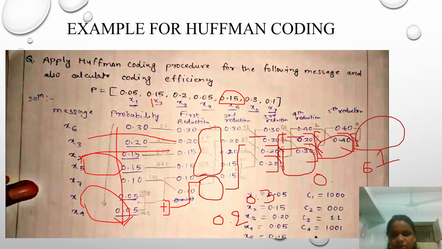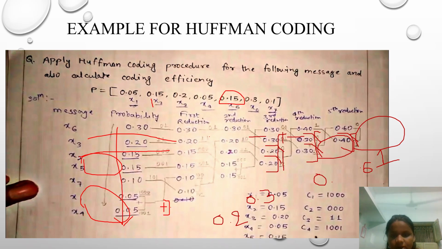Okay, next we need to assign the code words. We need to assign the code words from the last onwards.